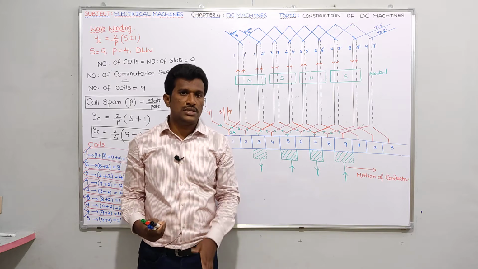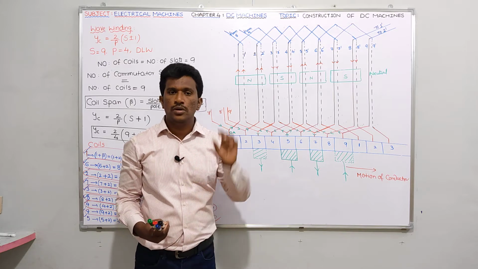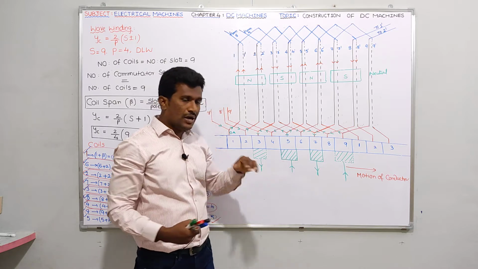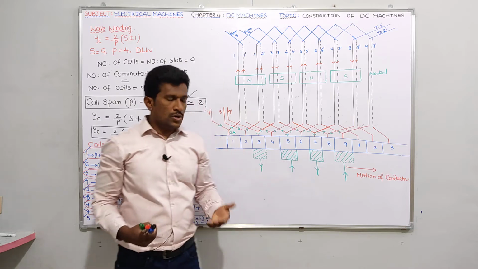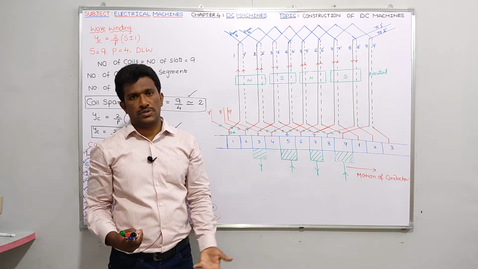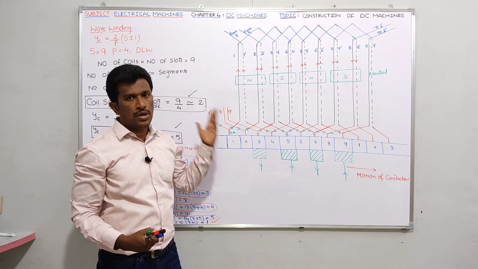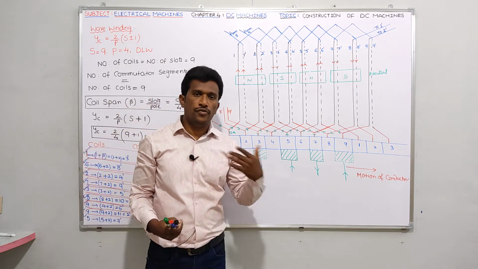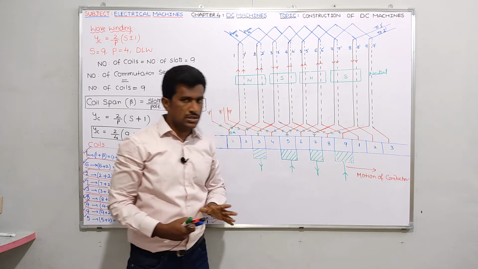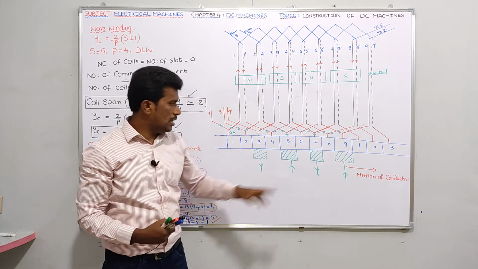Generally wave winding means the number of brushes equals 2 only, but for a large DC machine the number of brushes may be as many as the number of poles. Suppose here the number of poles is 4, you can take the number of brushes also equal to 4. For those extra 2 brushes, I am just showing them with the 2 dotted brushes.